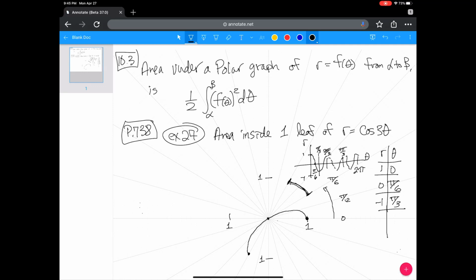So now I've just sketched out the graph in the pi over 6 to pi over 3 range. Then as it goes from pi over 3 back, it'll go back to 0 and back up to a +1 as it goes all the way to 2 pi over 3, just to go through that whole cycle again. It'll end up back at a +1.